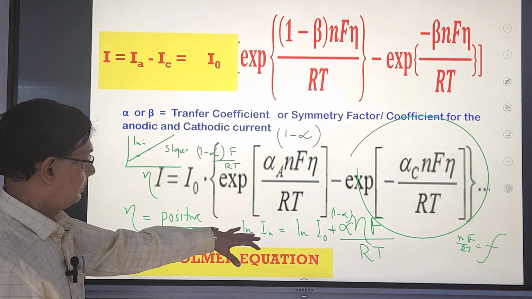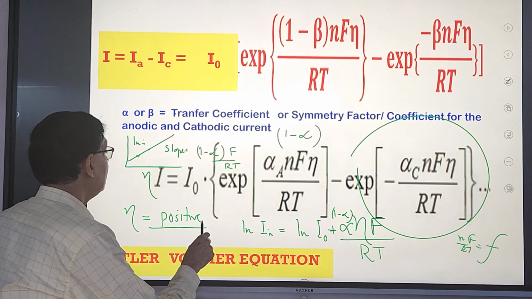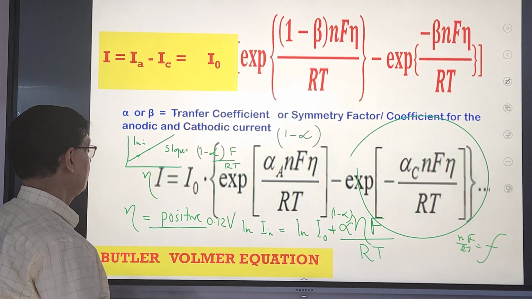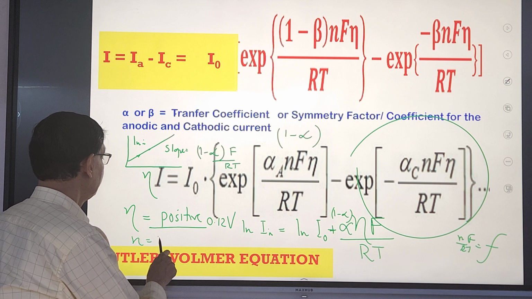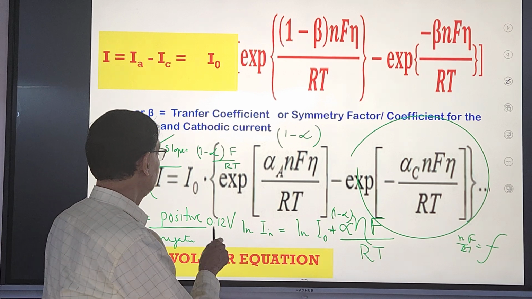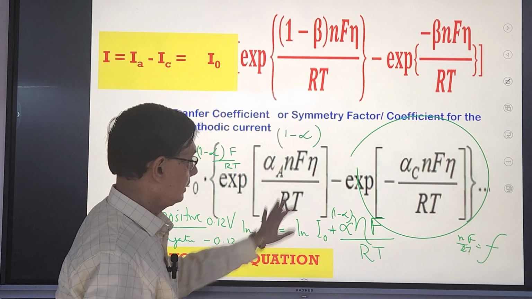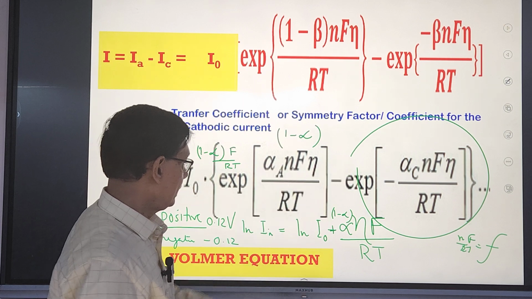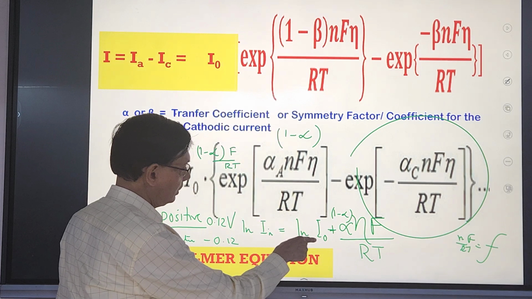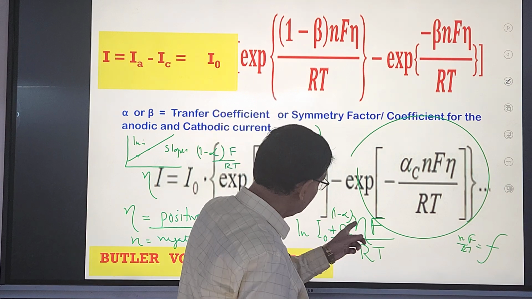And if the standard value is, I'll show you, 1.2 volt, and if it is negative, then of course minus 0.12. This part is eliminated. So we can write like that. In place of natural log I0 there is no change, but here it will be minus alpha nf by RT.